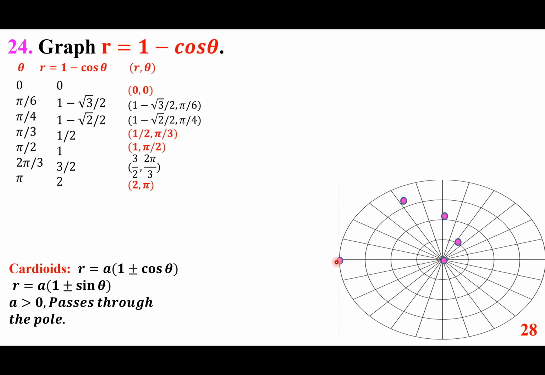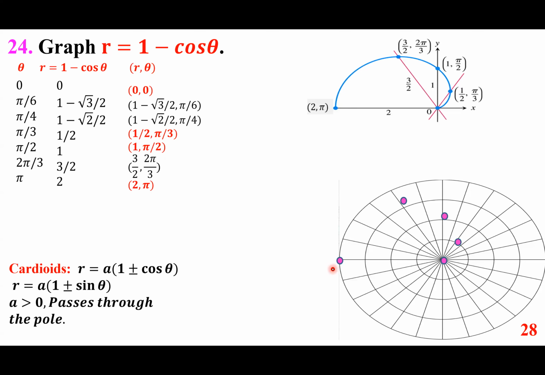Then 3 halves, 2 pi over 3, is this one, by the way. And so if I were to graph it, it looks like that.